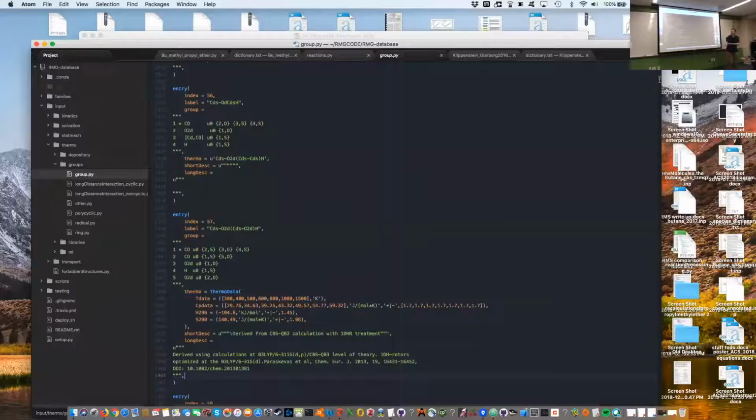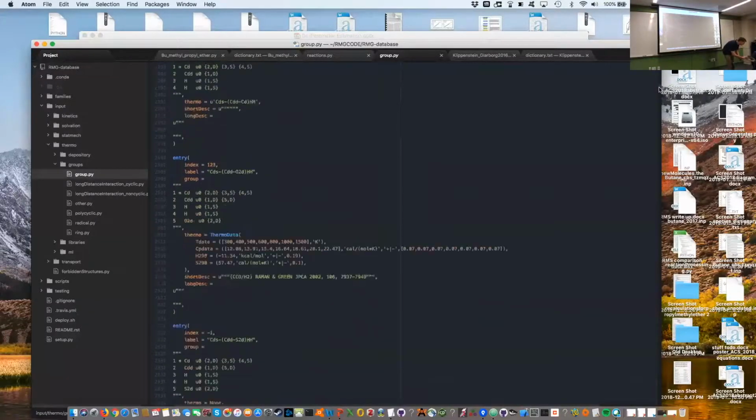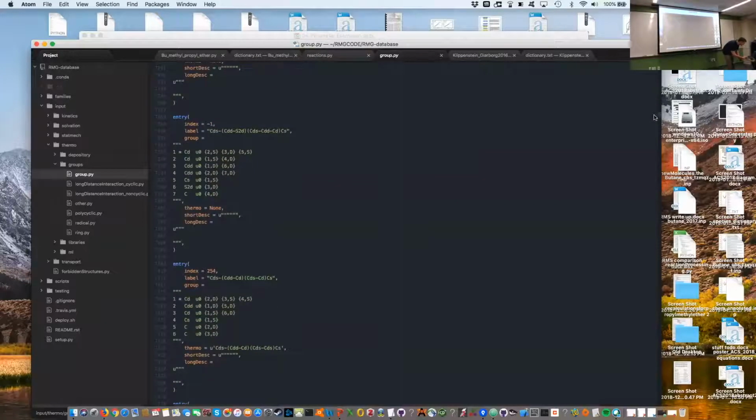And so from that, you can go into here and search for that specific thermo node and see if it's a very good one, or where the data is actually coming from, which tells you whether it's a good estimate or a bad estimate. And if the thermo's none, I believe it goes up a node. It goes up one node.